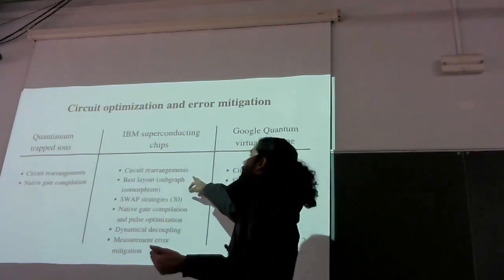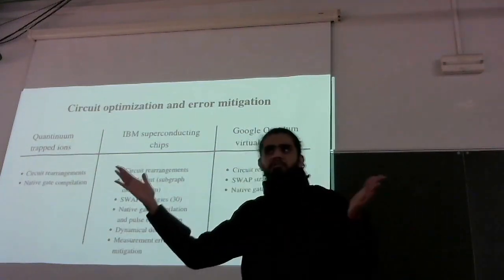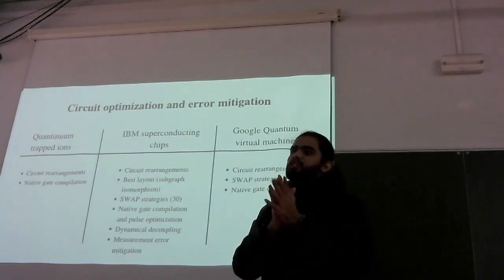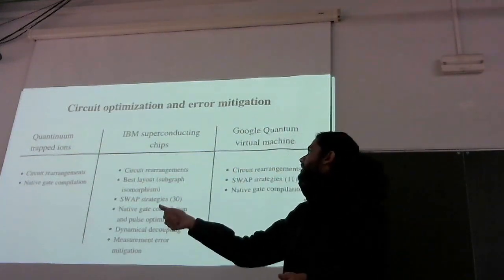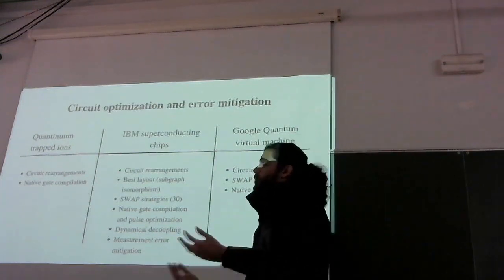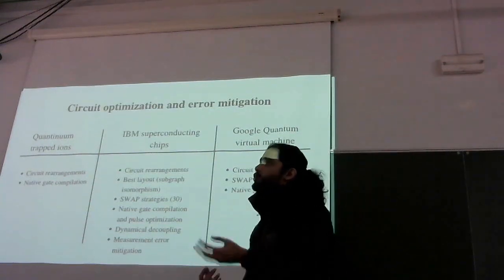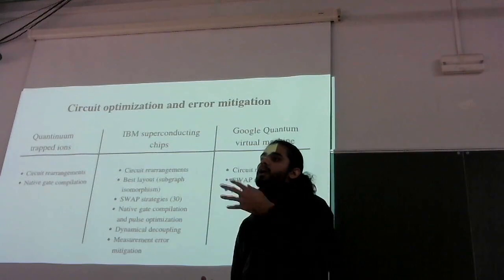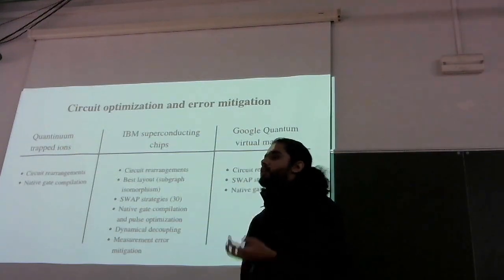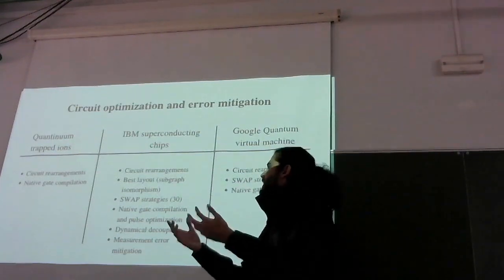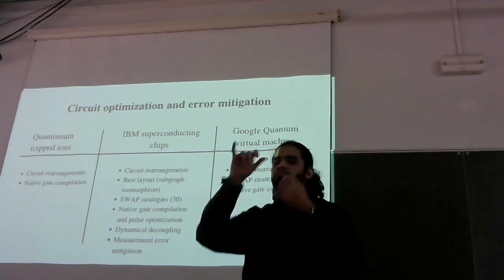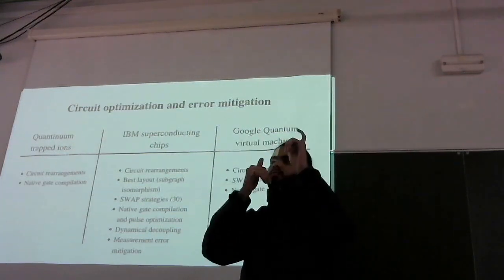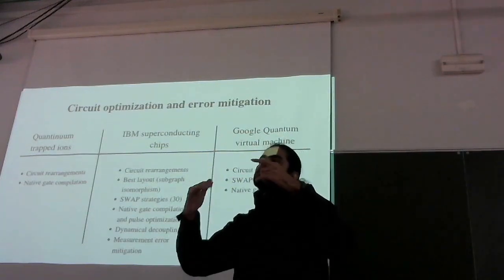In IBM, yeah, you have to do circuit rearrangements, as you said. You have to parallelize as much as you can, right? So you should be maximizing the interaction. And one more question is how do you choose 9 out of the 16 qubits, right? For that, they have a subgraph isomorphism algorithm where they find 9 out of the 16 and minimize the 2 qubit gate error.